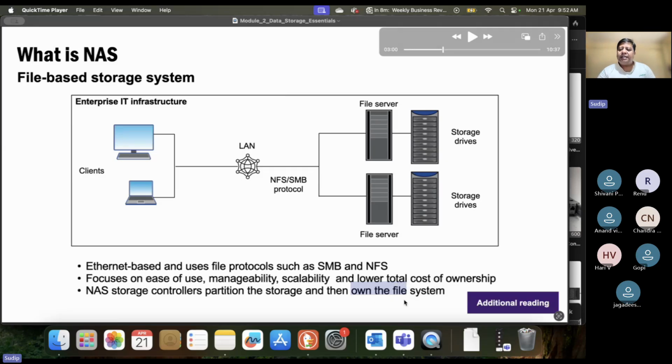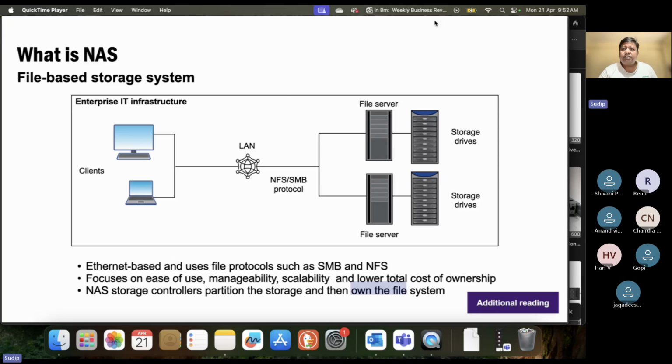All right. And here is where additional reading is coming in. I am going to share with you a PDF document in the WhatsApp group. This is the additional reading for SAN and NAS. Okay. Let me just quickly show you what it has. Just give me a moment.